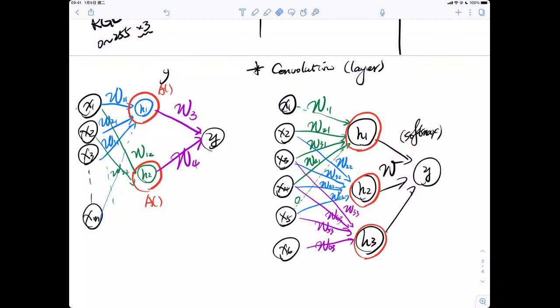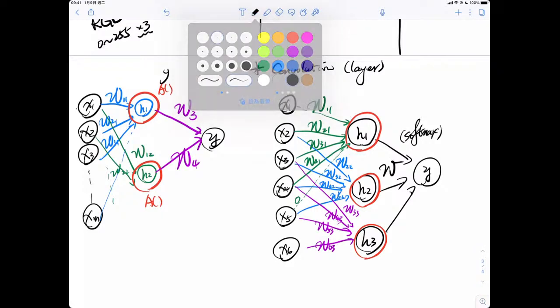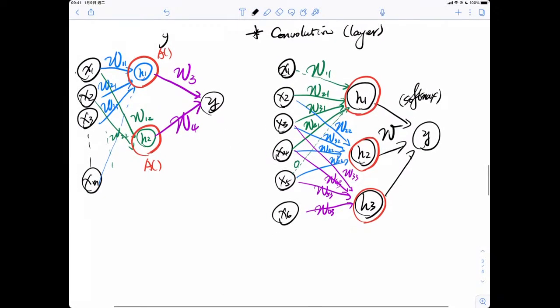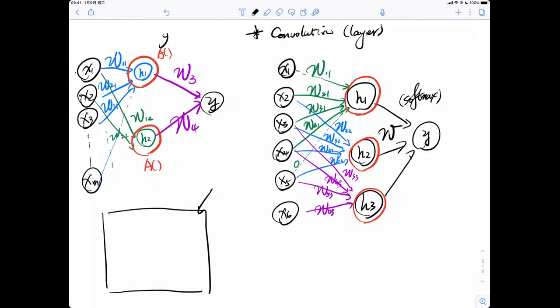So let's take a look at some other things about the convolution layer. If you Google convolutional neural network, usually they will draw a figure like this. That is an original image.